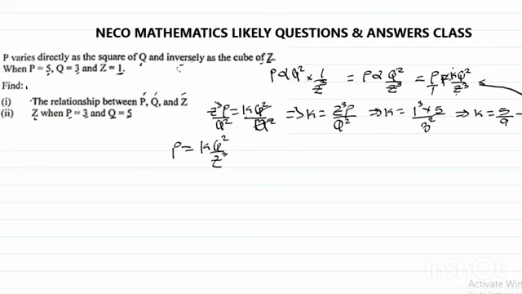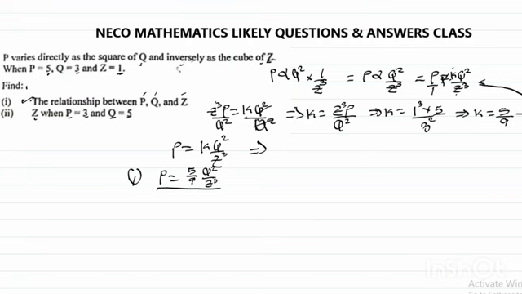Since k is equal to 5 over 9, the equation that connects them, as in question 1, is p equals 5 divided by 9 multiplied by q squared over z raised to the power of 3. So this is the equation that connects p, q, and z. Okay, question 1 solved.